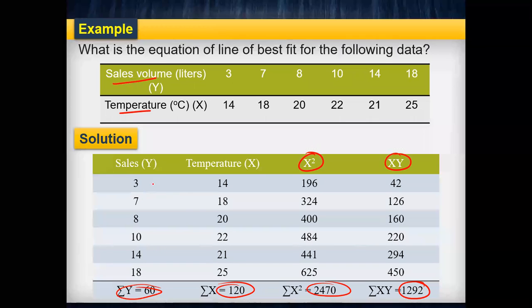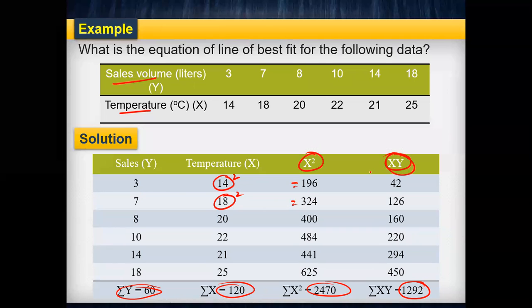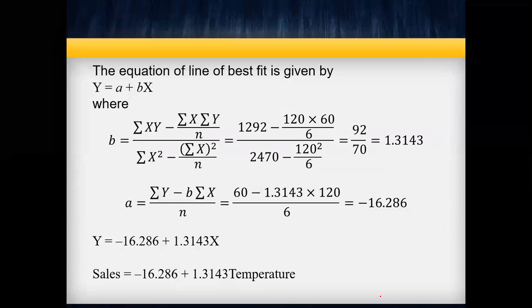X square, for example, 14, take its square, you get 196. 18, take its square, 324. And for the product of X and Y, you multiply 3 into 14, you get 42. In this way you get the product. Get the sum of all and put the values inside the formula.